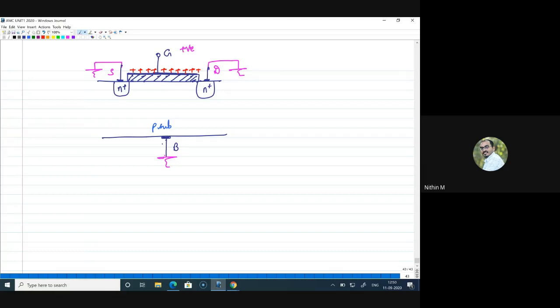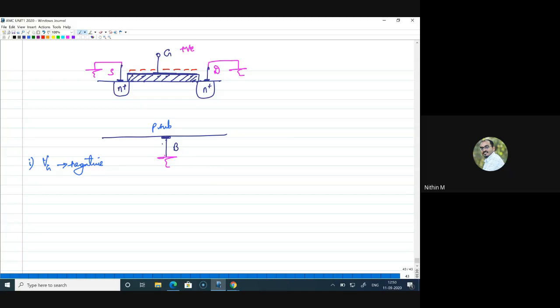Now, let us start not with positive charges, for your understanding. Let me start by applying a negative voltage. So I am applying VG, a negative voltage. So these are negative charges. And on the other side, what you can see is a P substrate. As we discussed, the P substrate has majority carriers as holes, which are positively charged.